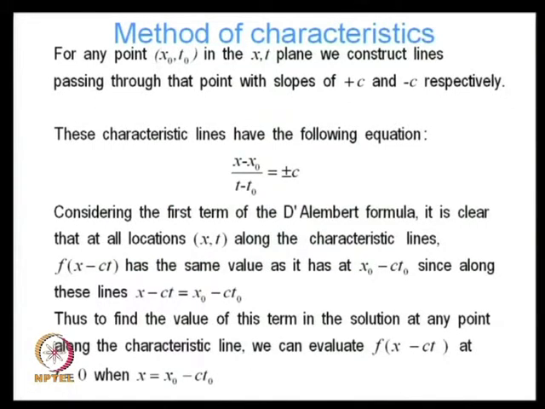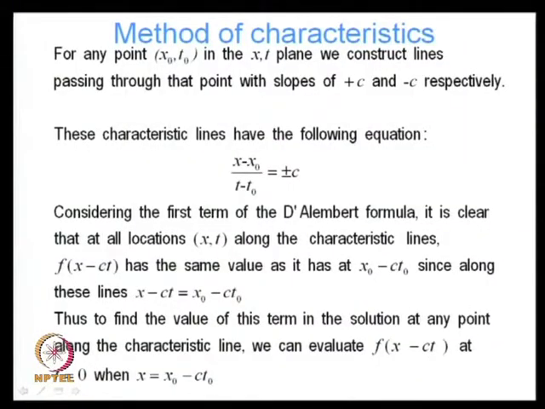So f of x minus c t has the same value as it has at x0 minus c t0, since along these lines x minus c t is equal to x0 minus c t0. Thus, to find the value of this term in the solution at any point along the characteristic line, we only need to evaluate f of x minus c t at t equal to 0, when x is equal to x0 minus c t0. Is that clear?